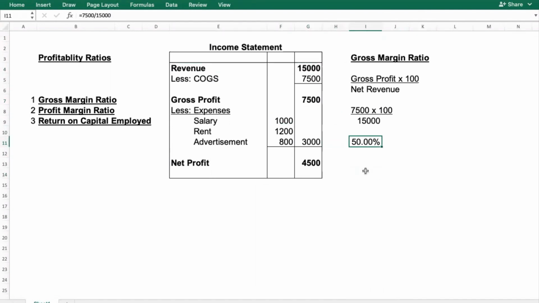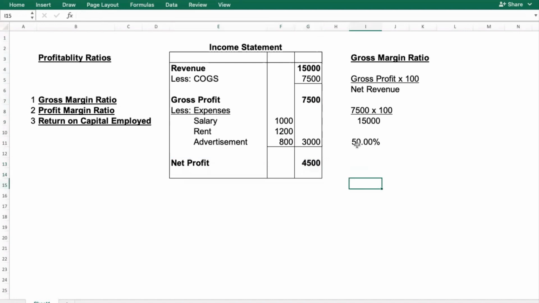Should this percentage be higher every year, or lower? Higher. If our gross margin ratio is high, our net profit margin will usually also come high. If my gross profit is more, I will have more profit to recover my expenses, and the leftover money will be my net profit.